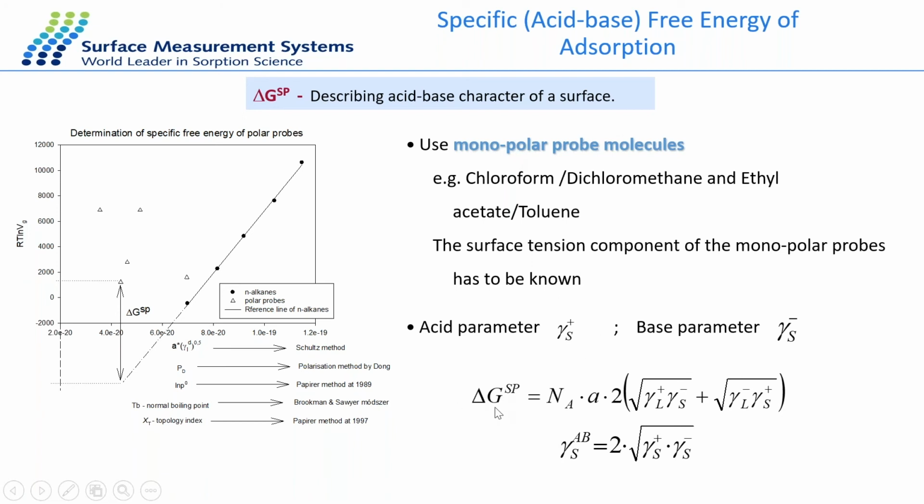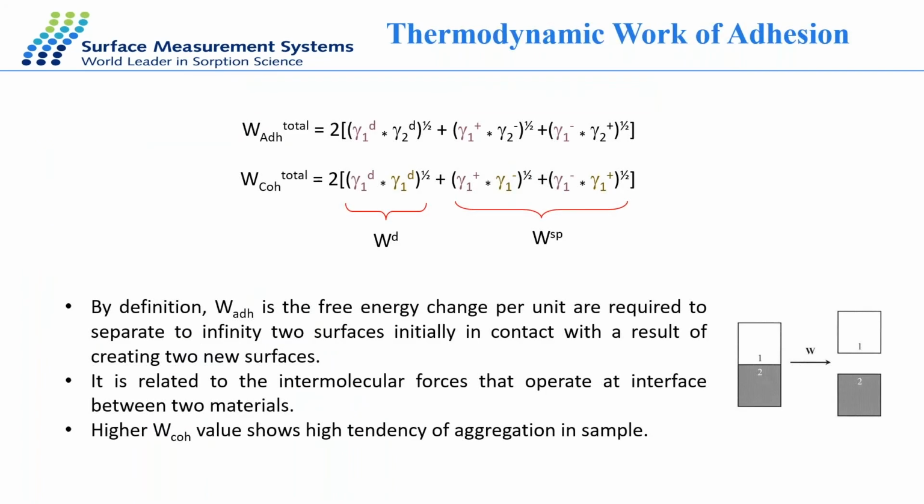So we determine the specific Gibbs free energy of dichloromethane and ethyl acetate, and then we can determine the specific surface energy. So two monopolar probes are needed to determine the specific surface energy with this method.